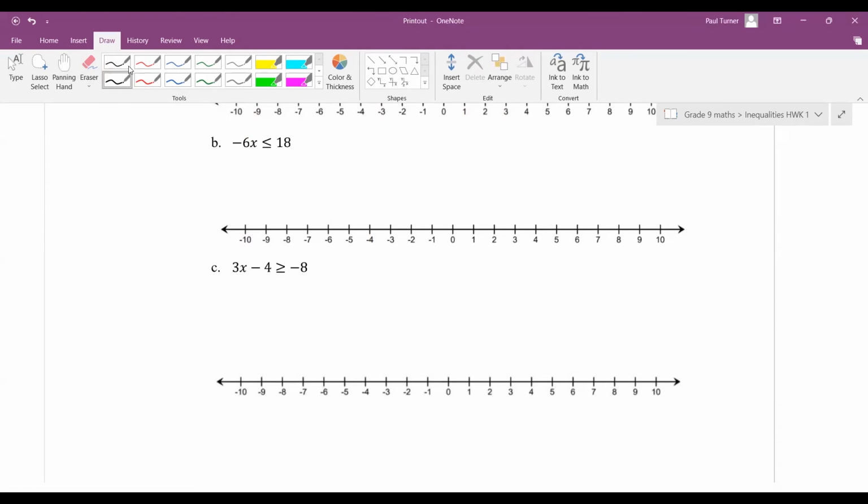So in question B, it's a little bit different. So what we're going to do here, we'll divide by -6 as normal, like that. And this will be equal to x. But remember, when we divide by a negative or we multiply by a negative, we need to change the direction of the inequality.